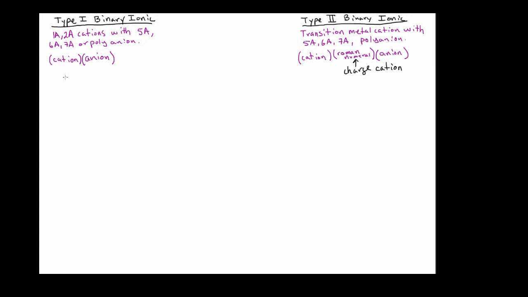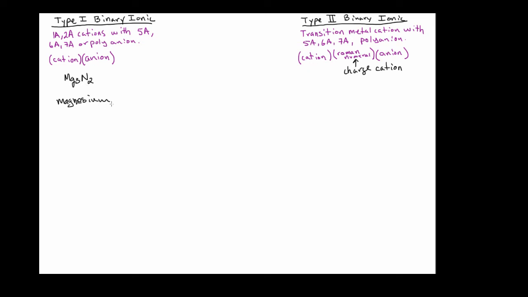Alright, so let's say we want to name this compound, Mg3N2. So this is magnesium nitride. We use the name of magnesium as it would be in its neutral form. Because magnesium comes from group 2A and has a fixed charge, we don't need to include the word ion in the name of the compound.